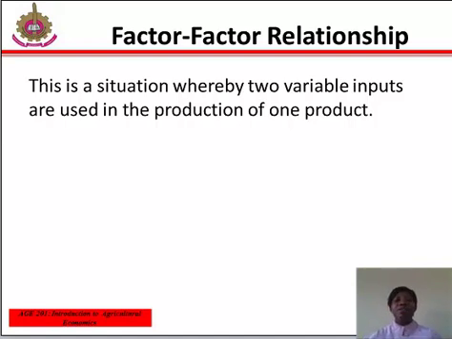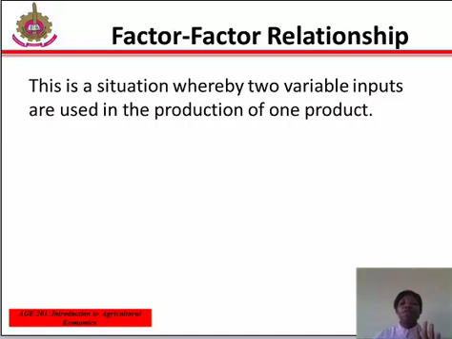Also, we have the marginal rate of input substitution, represented by MRIS. MRIS is the rate at which inputs substitute for each other to maintain a constant output, and it is obtained from a total differentiation of the production function.